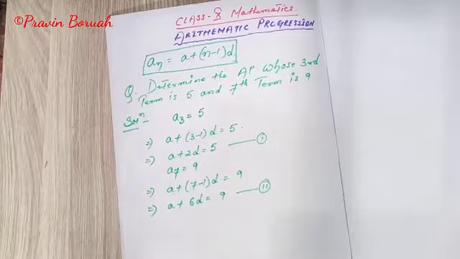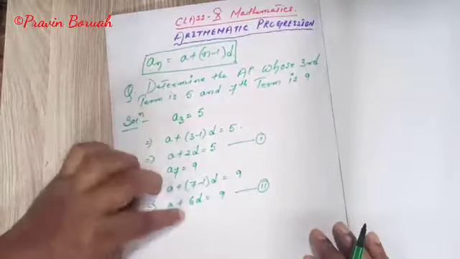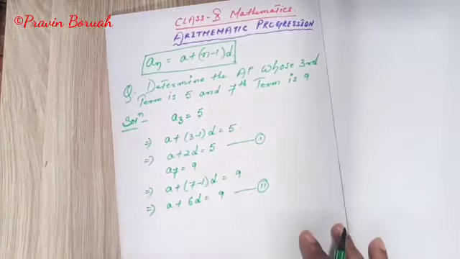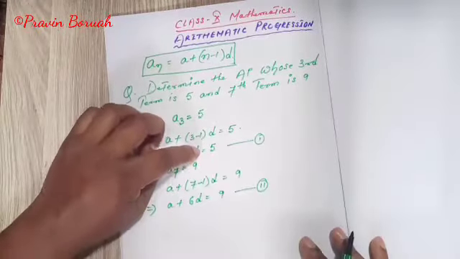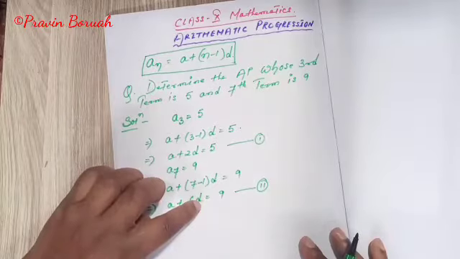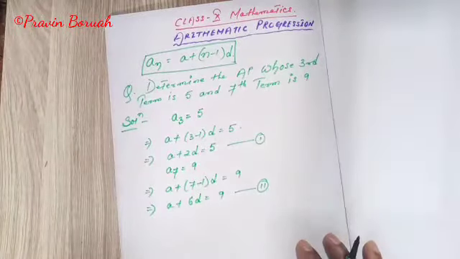Now you see equation number 1 and equation number 2. If you see these two equations, they exactly look like a linear equation in two variables.